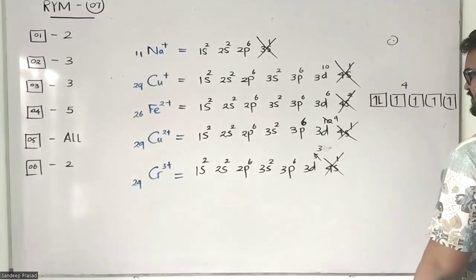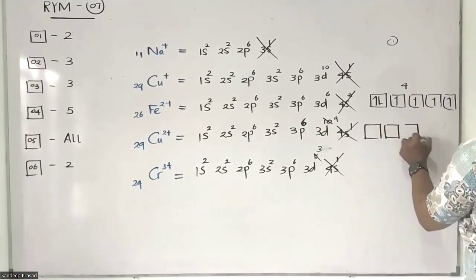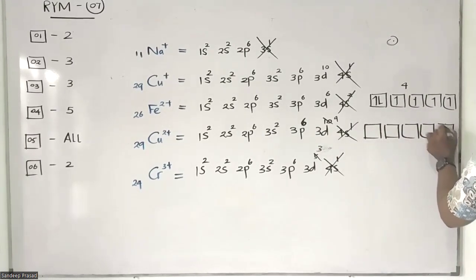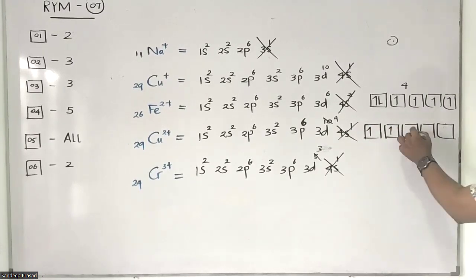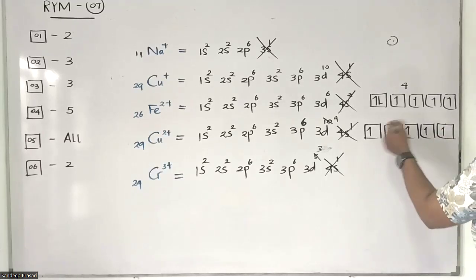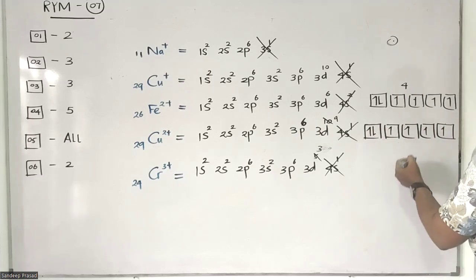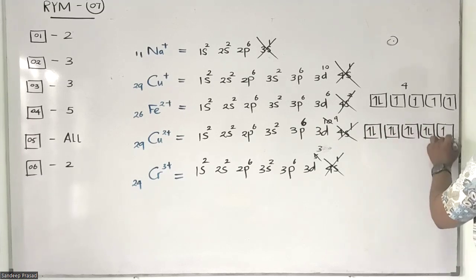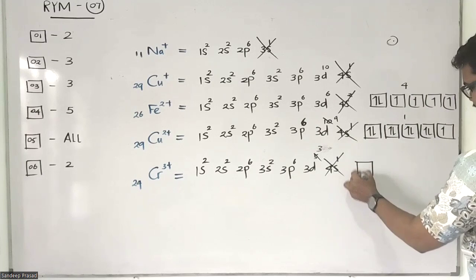What about 3p6, 3d9? According to Hund's rule, first of all, electrons fill each orbital one by one, then the opposite spin electrons 6, 7, 8, 9. Here we have only one unpaired electron in the orbital. What about 3d3?